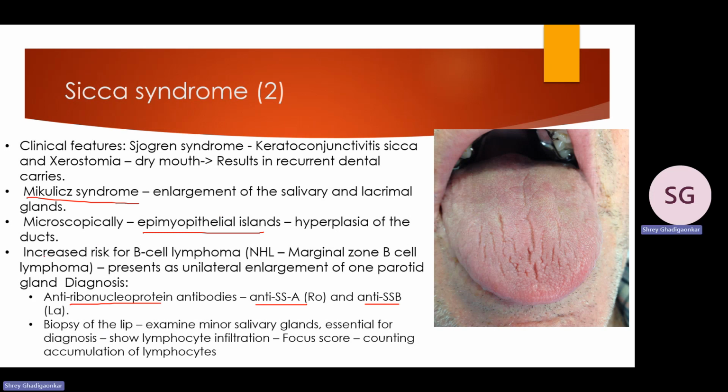And a biopsy of the lip is important either way. This is mainly to examine the salivary glands for diagnosis, as well as note the lymphocytic infiltration. And then you have a focus score, which is where you count the accumulation of lymphocytes. This may help aid in diagnosis as well.